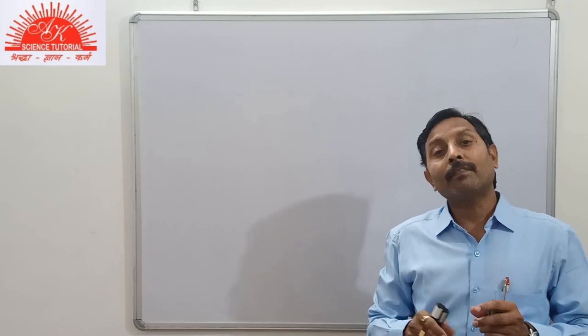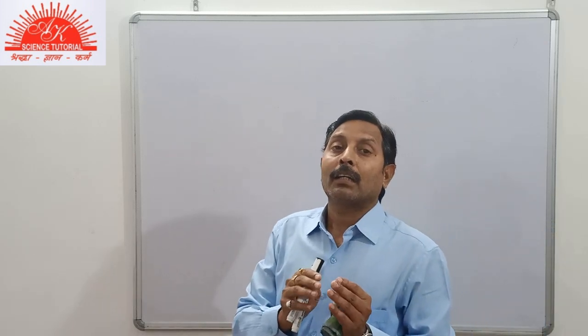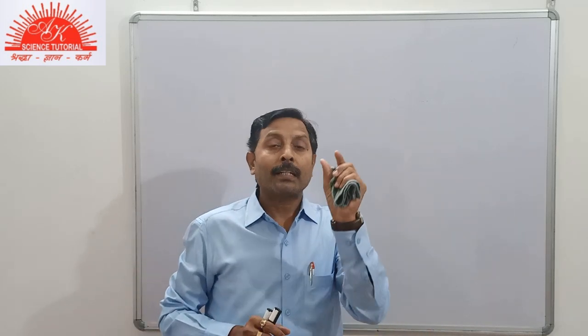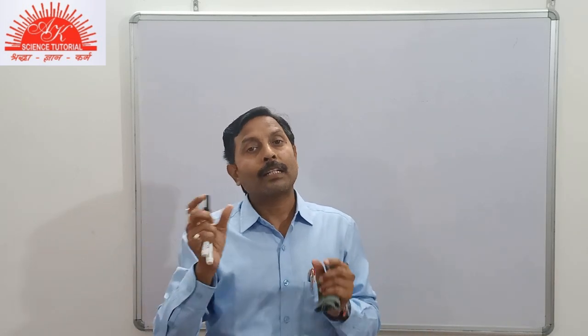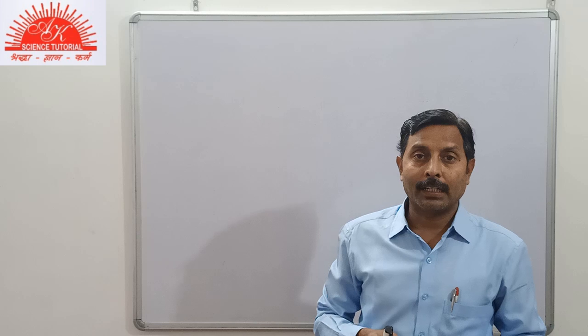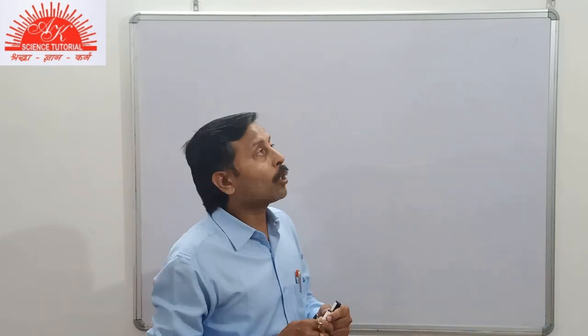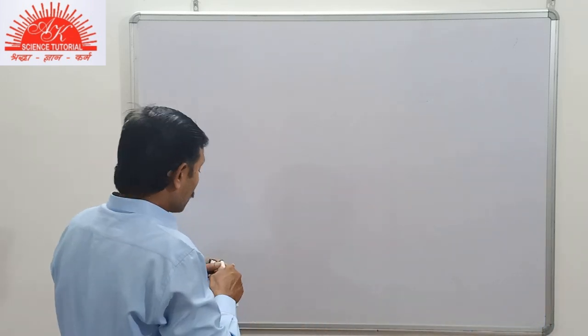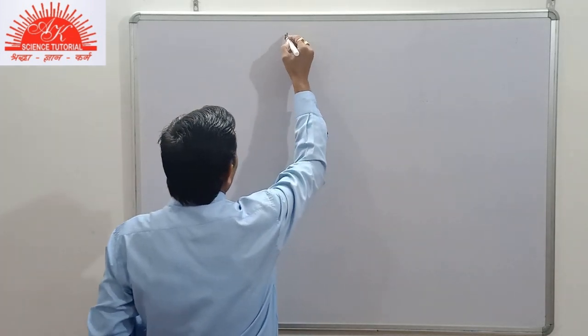Now, if we will be able to identify one part, that is cation, and the another part, that is the anion, then together you will be able to identify the salt to be studied. So our today's topic is the test of cation.